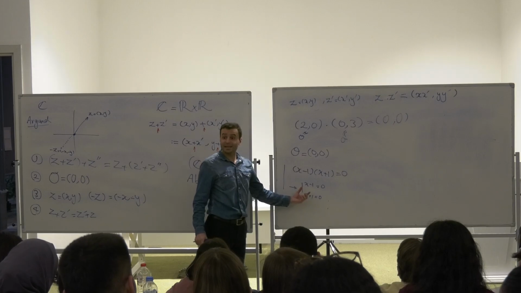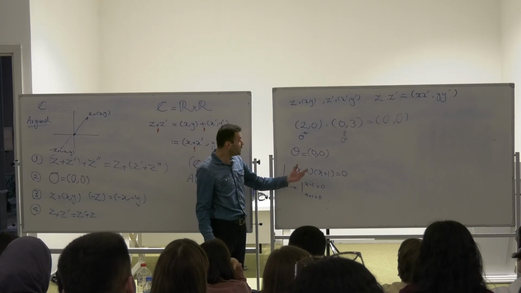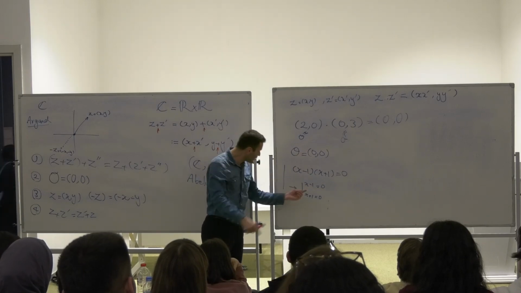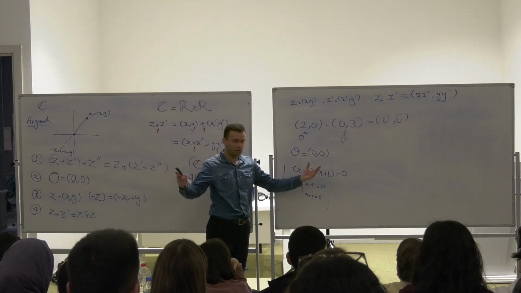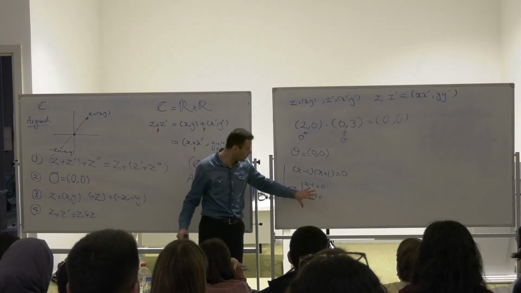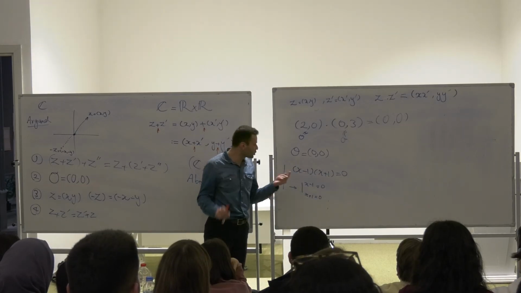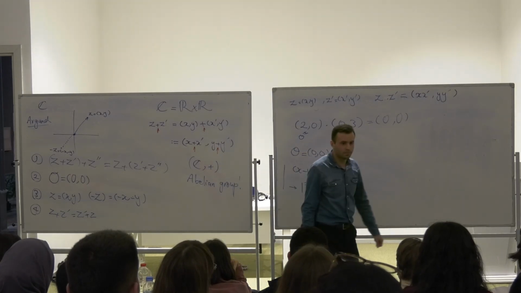If our multiplication is defined in such a way that we multiply two non-zero numbers and get 0, we can never conclude something like this. x minus 1 can be non-zero, x plus 1 can be non-zero, but their multiplication can be 0. So we cannot solve this kind of equations, okay? So this is not a good definition.